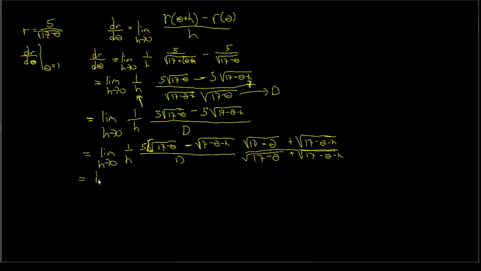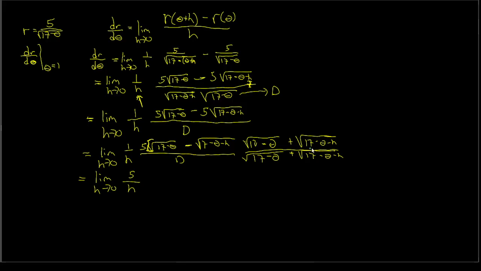And as I come over here, take the limit as h goes to 0 of 1 over h. And what I want to do is pull this 5 over here. Again, just to simplify where everything is, because I could factor out a 5 from this numerator, I'm going to put the 5 over here because I don't want to worry about it now.